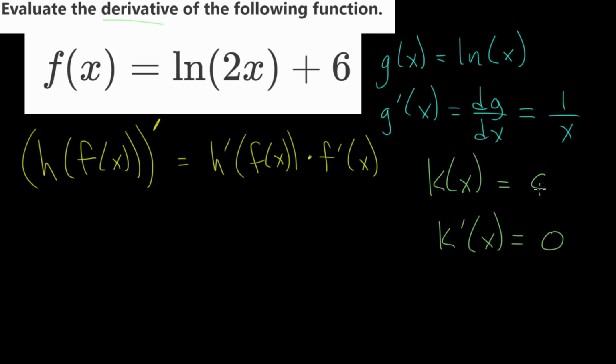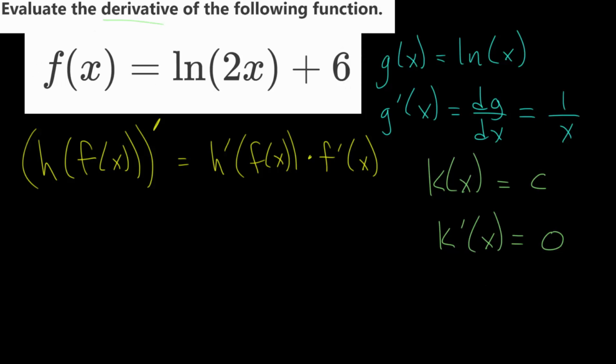And that's because constants don't change. If the derivative is the rate of change and we have a constant, we know then that the derivative must be 0 because constants do not change. Their rate of change is 0 because they will always remain that fixed value.